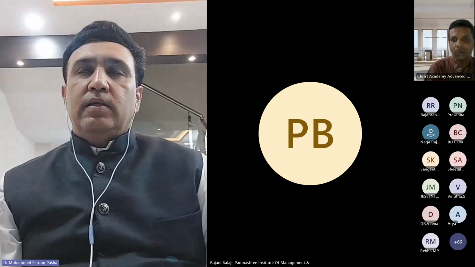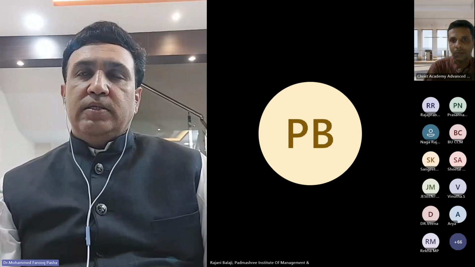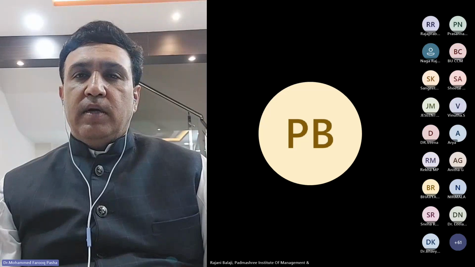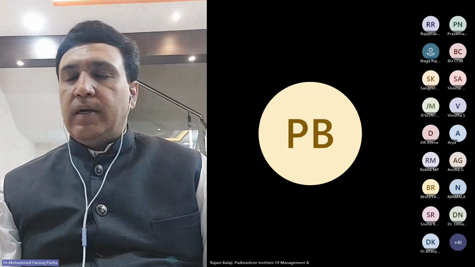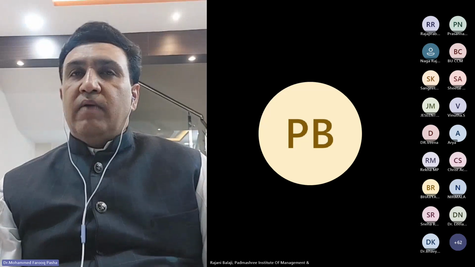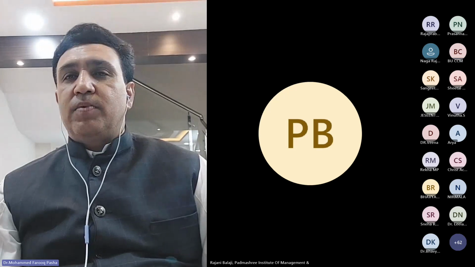Yesterday the learned resource person gave a lot of insight about your publications, journals, and other important aspects. Now, when it comes to identification of research problem and writing literature review, our first step to get into research is identification of research problem.